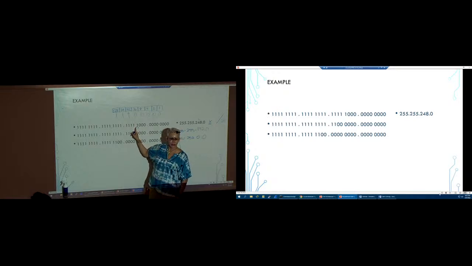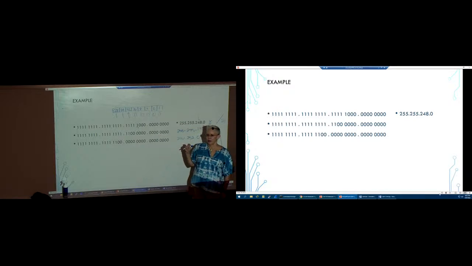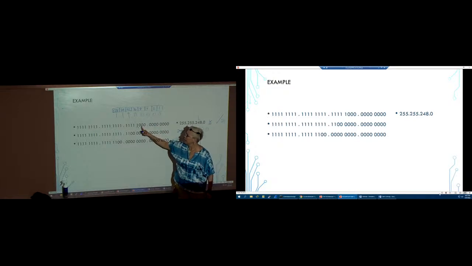So this is a slash 21. I'm just counting up network bits. Now, since I know that there's 21 network bits, how many host bits does that leave? 8, 9, 10, 11, 11.